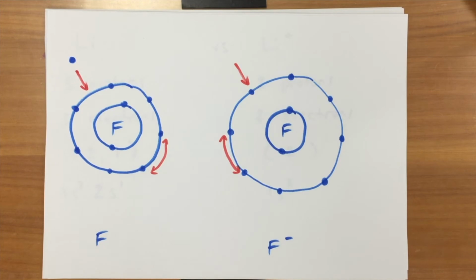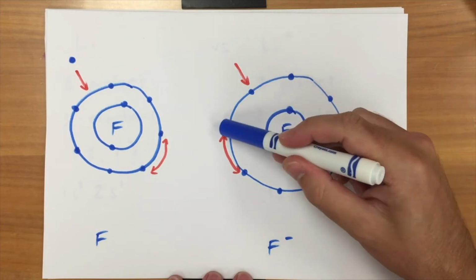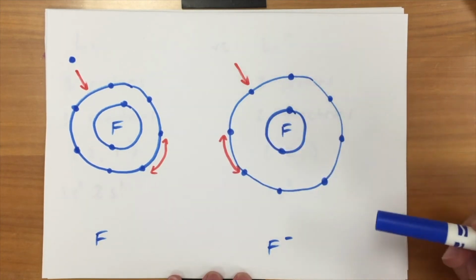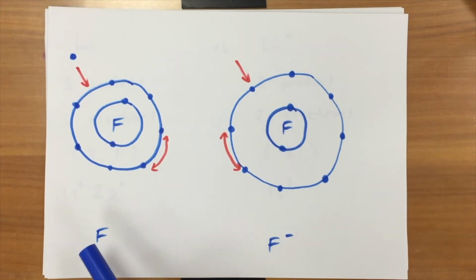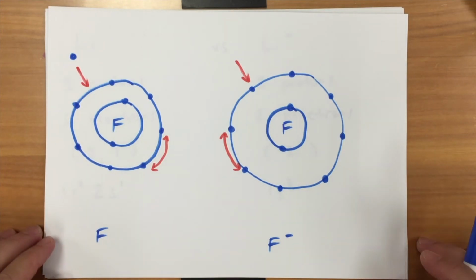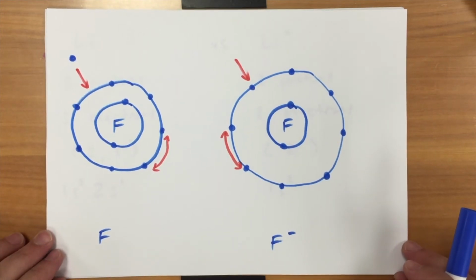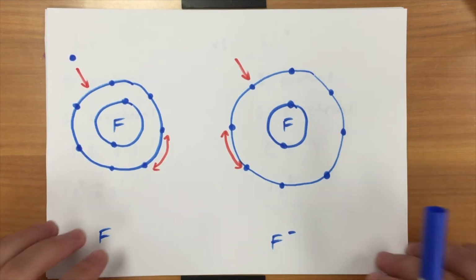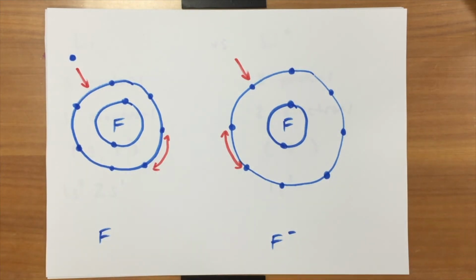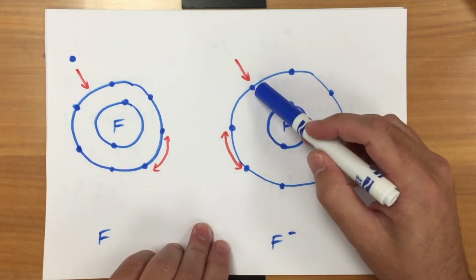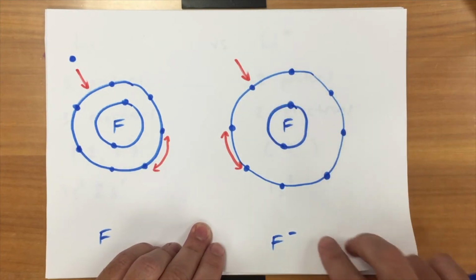To minimize the effects of that, the radius increases to keep some separation between our electrons. So that's why an atom becomes larger as it forms an anion, due to that extra electron-electron repulsion. There's no additional shielding, there's no change in nuclear charge, there's no change in the distance of the valence shell. It's all due to that electron-electron repulsion.